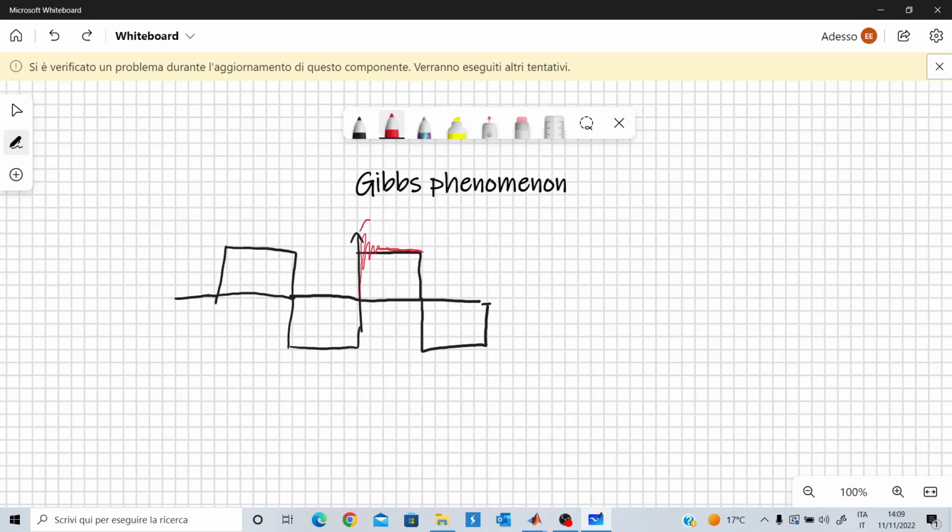As the number of harmonics increases, the approximation with the Fourier series will become better and better inside this interval here. So you will see fewer oscillations here.